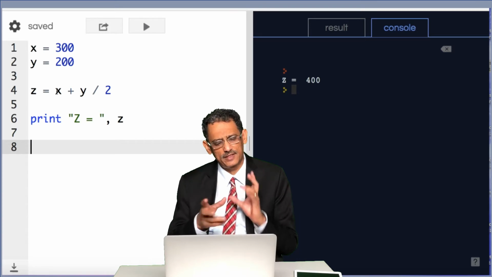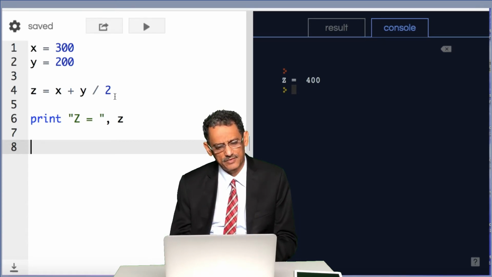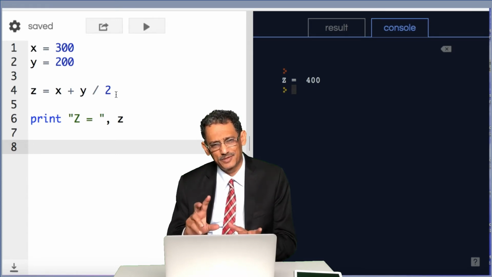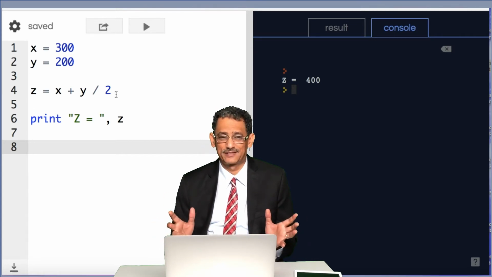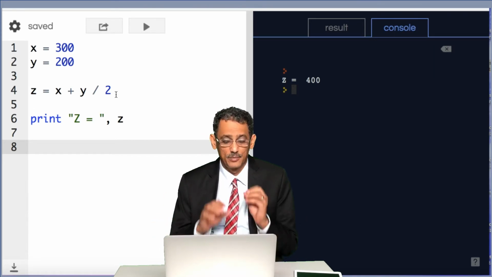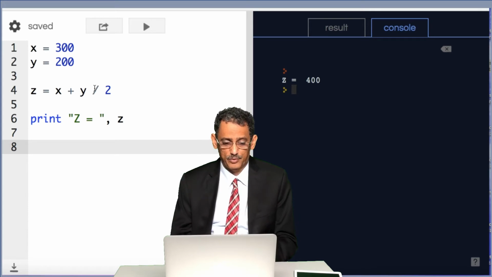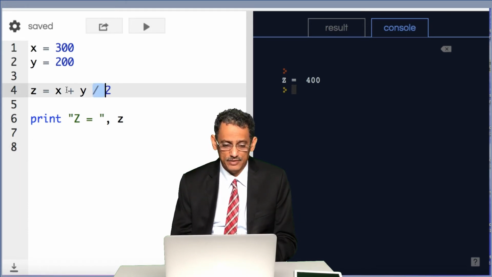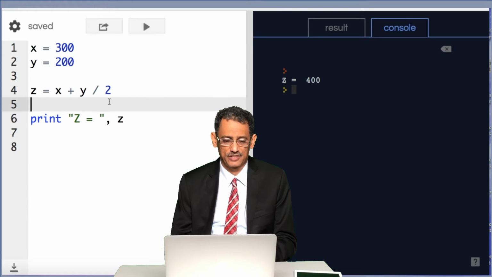But if you were thinking x plus y divided by 2 means 300 plus 200, 500 divided by 2, your answer would be 250. But that's not correct, because in programming, division has priority over addition. So the computer will look at where the addition is.